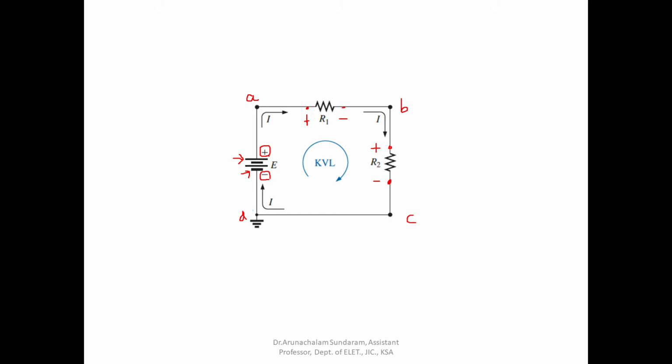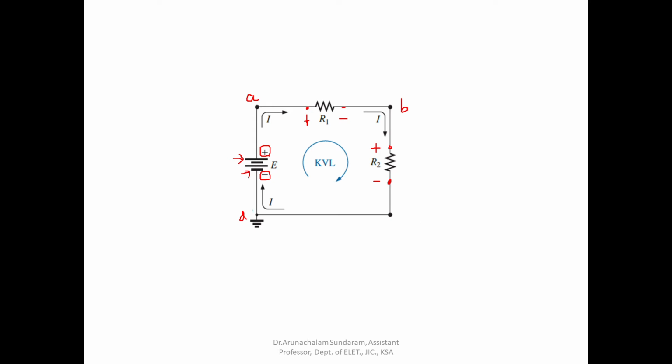You may ask why I marked this point A. You can mark any point as A, but wherever you start, you have to end at that point while you apply Kirchhoff's voltage law. So these are the steps that you have to follow before you apply Kirchhoff's voltage law.